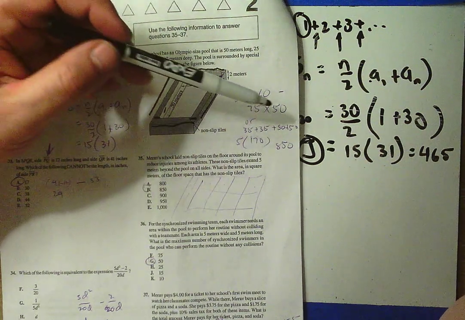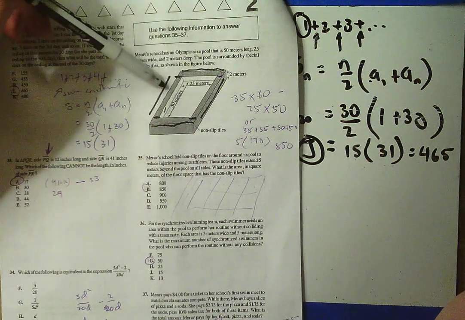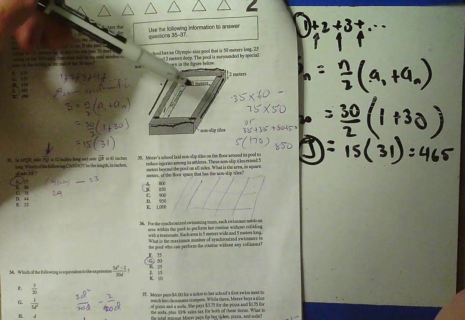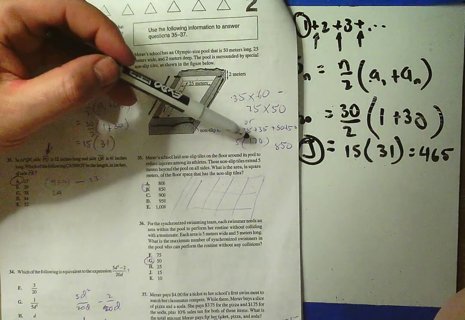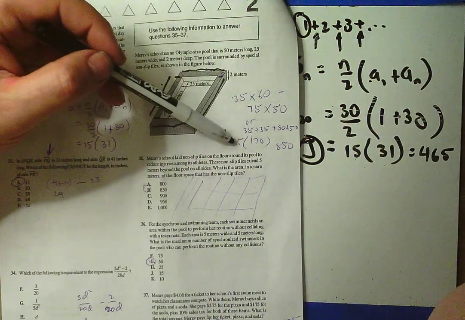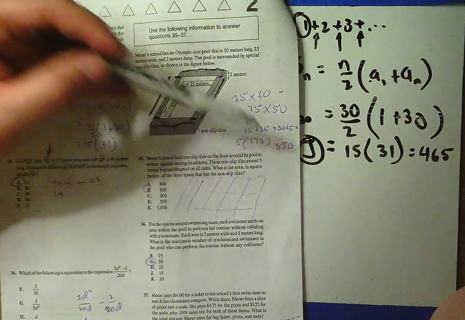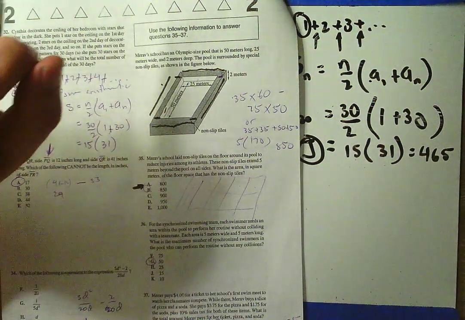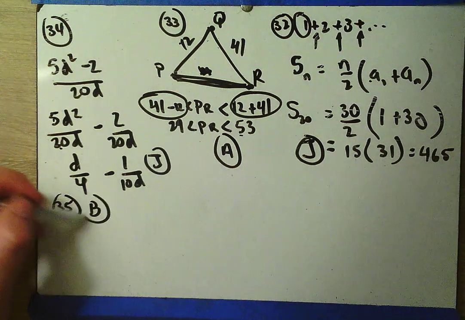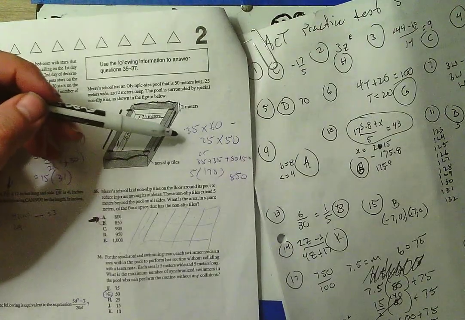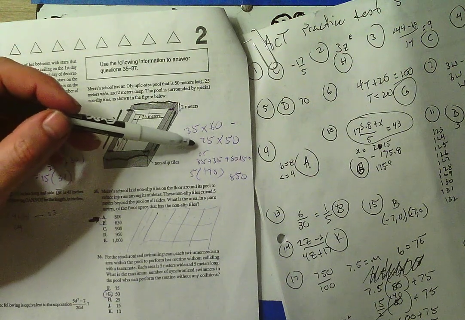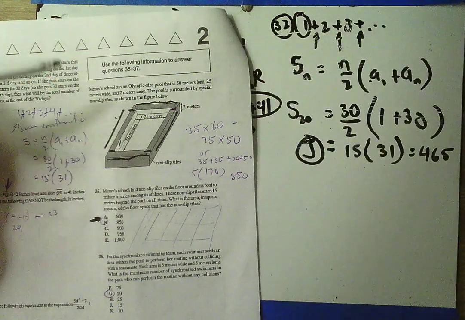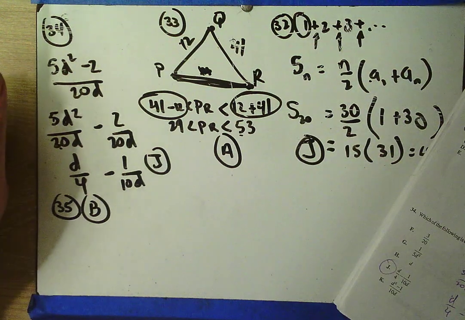So I had two 50s and two 35s, which gave me a total of 170 for length times a width of 5, and I ended up with 850, which is why B was my answer for this problem. B for number 35. But you know, with a calculator in your hand, you may just want to do 35 times 60 minus 25 times 50.